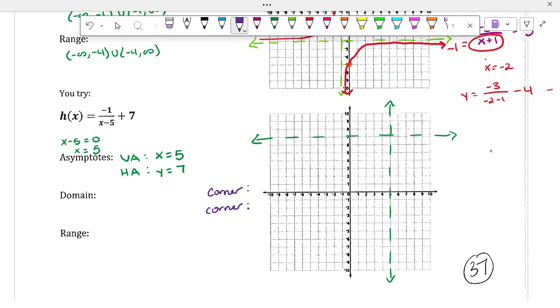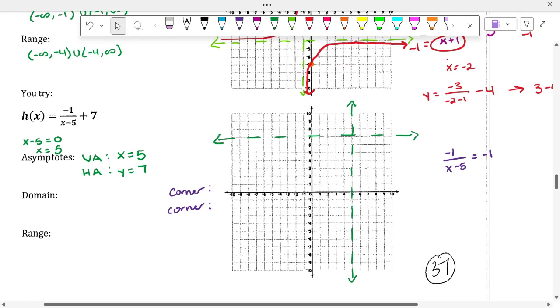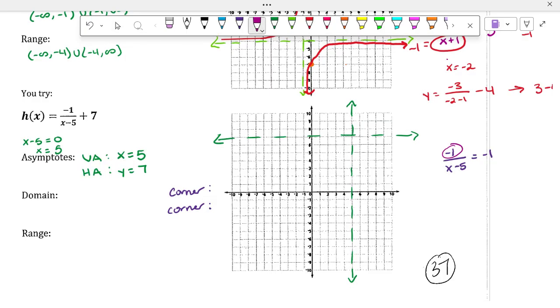Okay, so first I want -1 over x minus 5 equal to -1. And why am I doing that? Because that's my a value. All right, so what do I want? So I then want -1 over x minus 5 to equal, what's the opposite? 1.